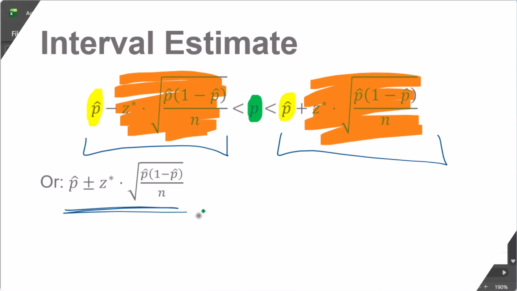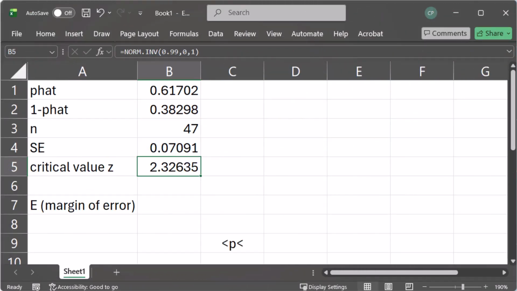So switching back to my spreadsheet, I have pretty much all of these values already. The margin of error is going to be the critical value, the z star, times the standard error, and I have those both computed already. And then I set up some boxes for my interval estimate.